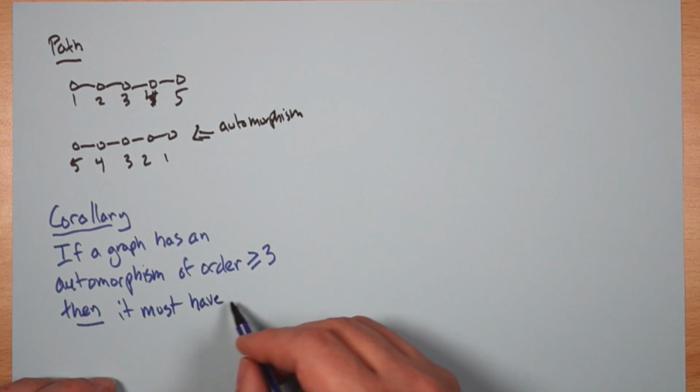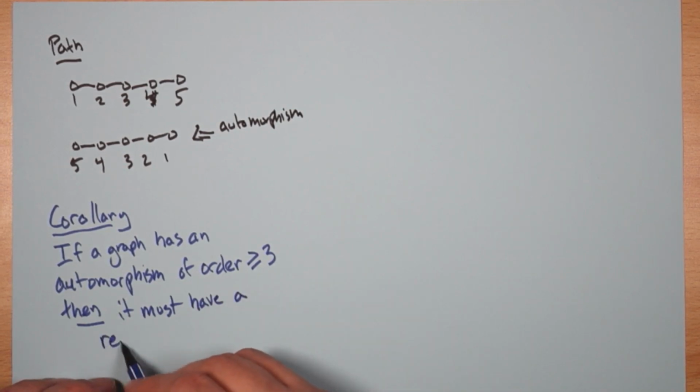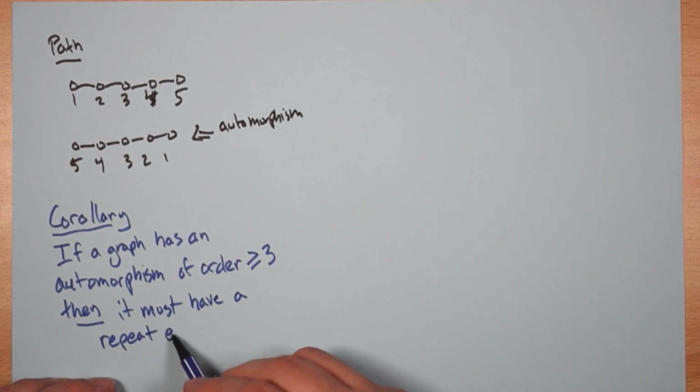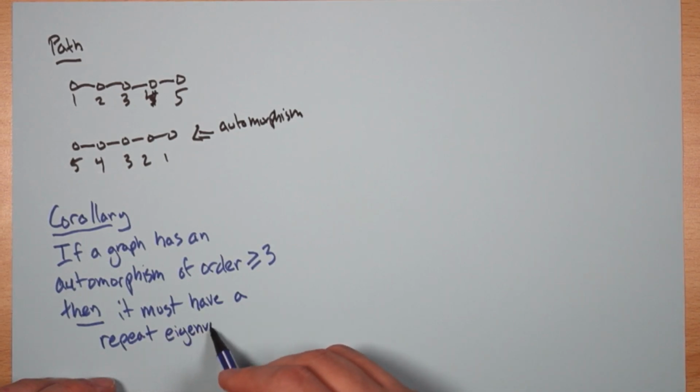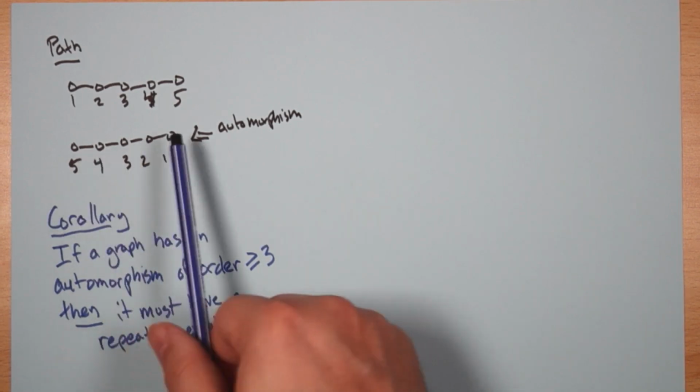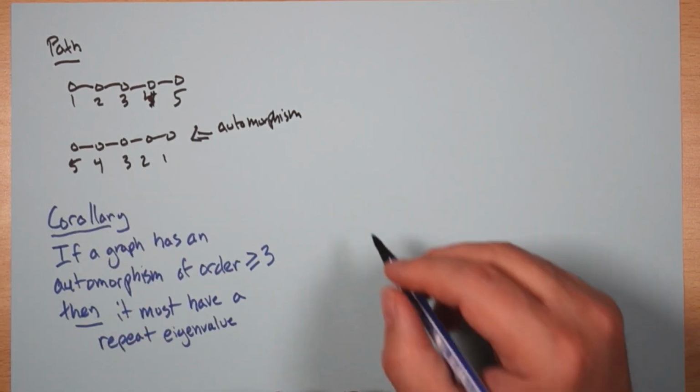In other words, you cannot have all distinct eigenvalues if you have some nice symmetry. So only when you have graphs without a lot of symmetry will you have distinct eigenvalues. You're allowed a little bit of symmetry, but not much.